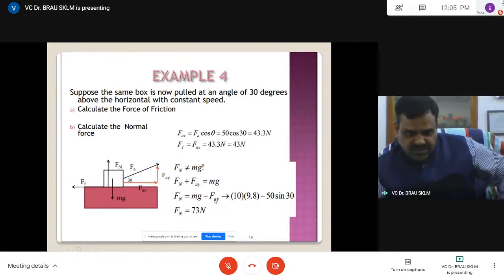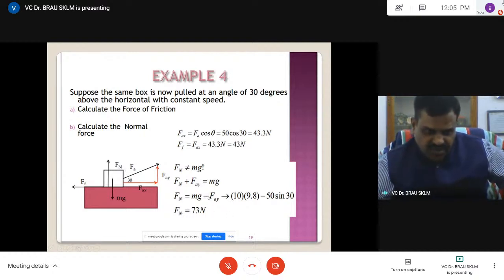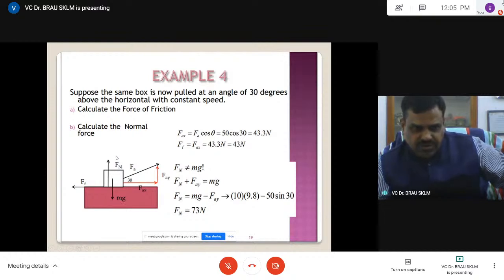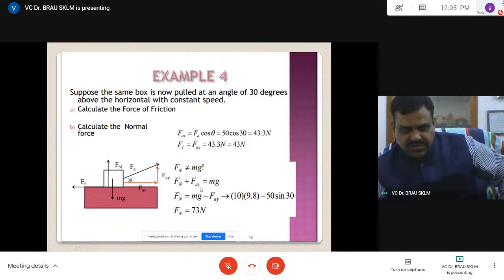See, this is how generally we represent. In other words, Fn plus FAY is equal to Mg. Taking upward as positive, Fn plus FAY minus Mg. Move everything to the left hand side: Fn plus FAY minus Mg is equal to 0. That is the equation.